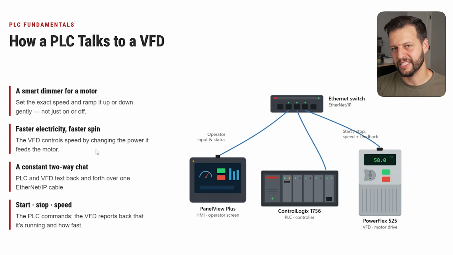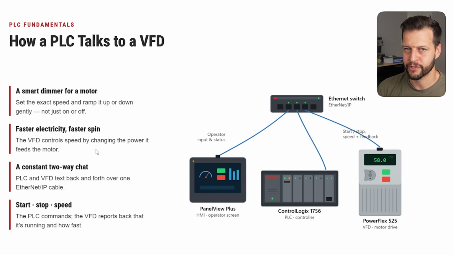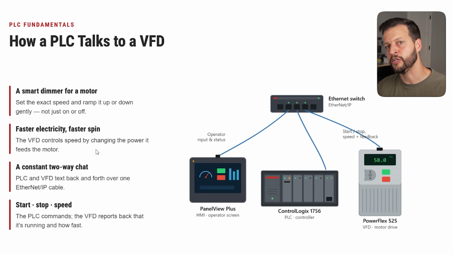Okay, next, let's talk about variable frequency drives, or sometimes variable speed drives are called. VFD, drive, all means the same thing. The way I like to think about it is that it's a smart dimmer for a motor. In other words, it gives you a way to adjust the speed of a motor between a certain range instead of just being on or off.